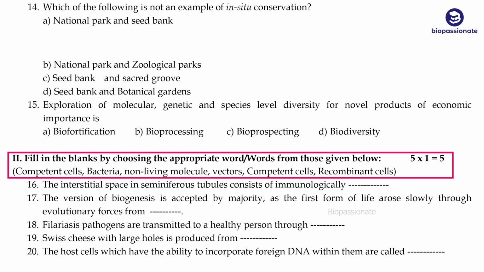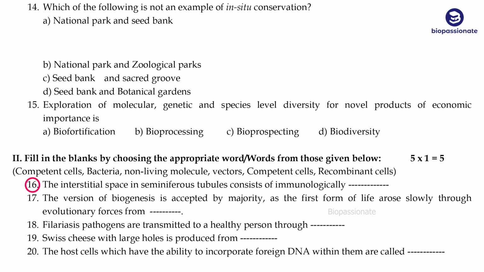Second part: fill in the blanks by choosing the appropriate word or words from those given below. 16. The interstitial space in seminiferous tubules consists of immunologically competent cells. 17. The version of biogenesis accepted by the majority is that the first form of life arose slowly through evolutionary forces from non-living molecules. 18.